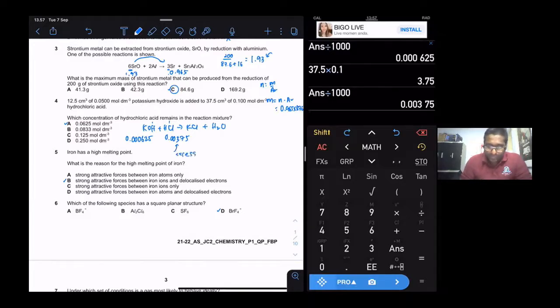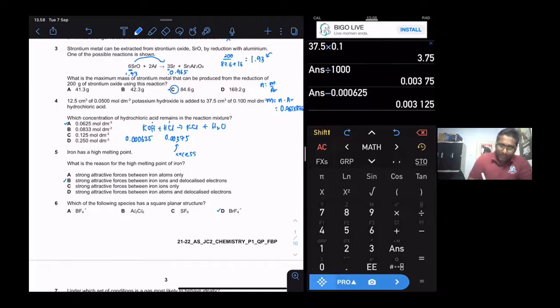So we just need to subtract: 0.0375 minus 0.000625, and you will get the excess, 0.03125 moles.